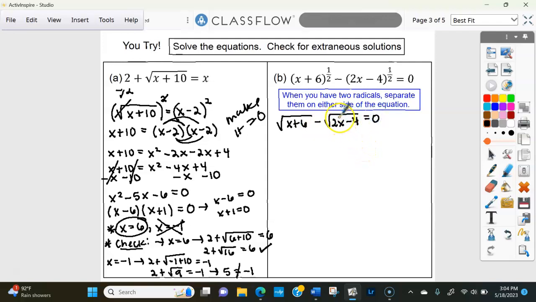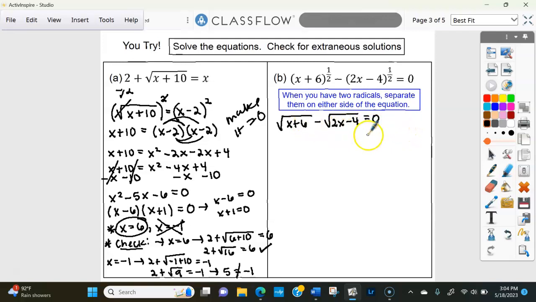Now the first step is always to isolate the radical, but we have two radicals here. So I can still isolate them, but we're going to isolate them on either side of the equal sign, meaning keep one radical on one side and move the other radical to the other side. Because this one here is negative, I'm going to choose to add this one over. Although you could also subtract this one over.